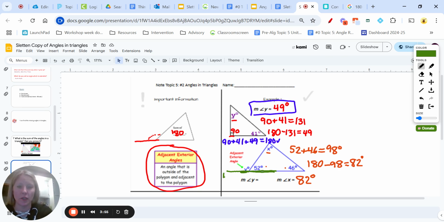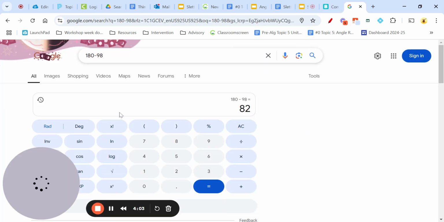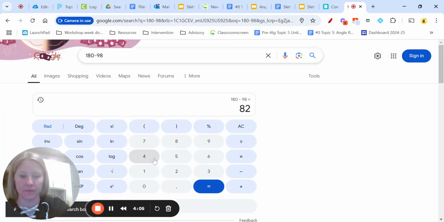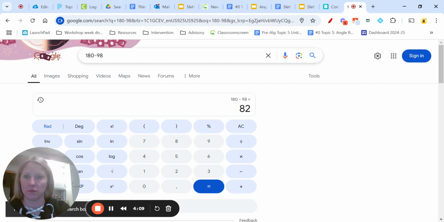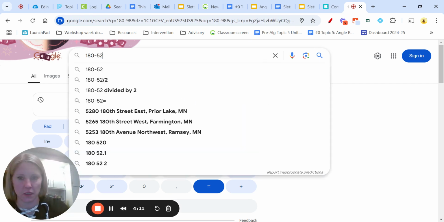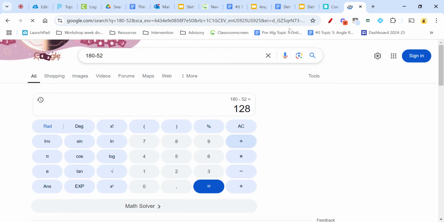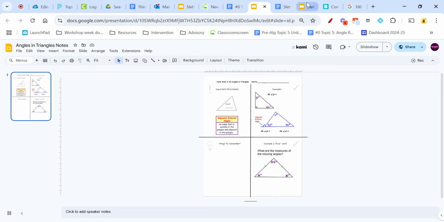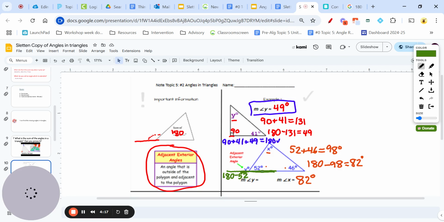So I'm just going to do 180 minus 52 to figure out what the leftover y part would be. Go back to my calculator. 180 minus 52 is 128. So y is 128 degrees.